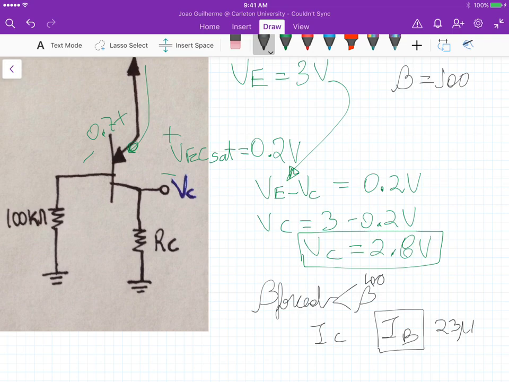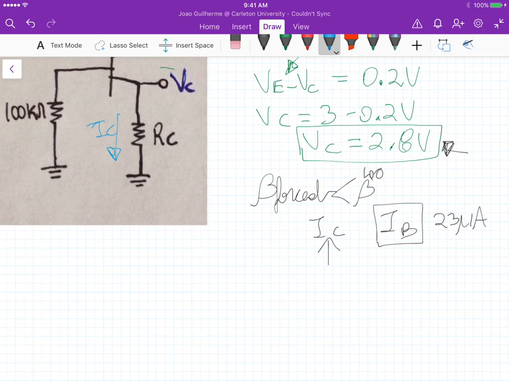Okay, if you go back in the video, you see that the current at the base doesn't depend on the value of RC. So we know IB, but now we need to calculate this new value of IC based on this value of VC that we just calculated, right? So we need to define this current here, IC, again for the new BJT. And this current IC is VC divided by RC, or if you want to be more precise, minus 0 volts because it's grounded here, right?